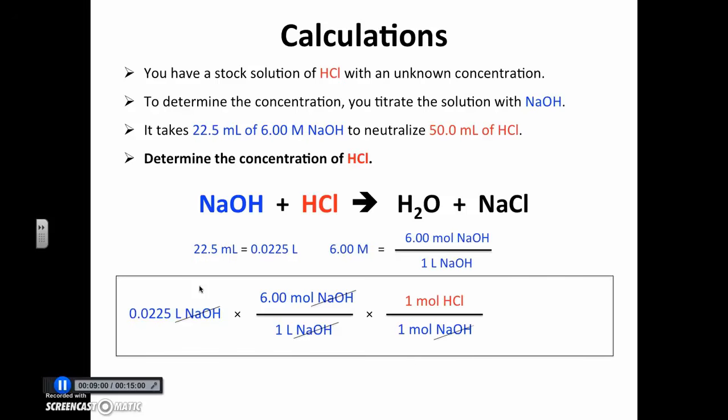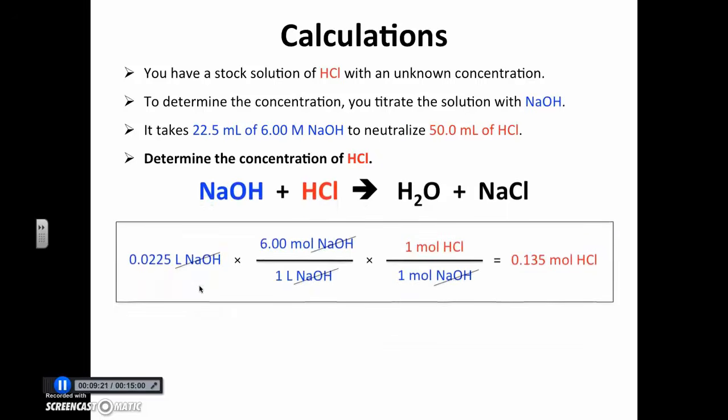In this case, moles of sodium hydroxide cancel out, and you should end up with moles of HCl. If you do this calculation, you'll determine that you have 0.135 moles of HCl. But you're asked to determine the concentration of HCl, so we have to add one more step. I'm going to move these up out of our way so that we can keep going.